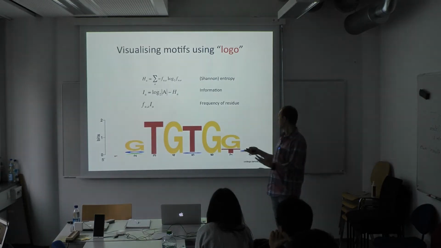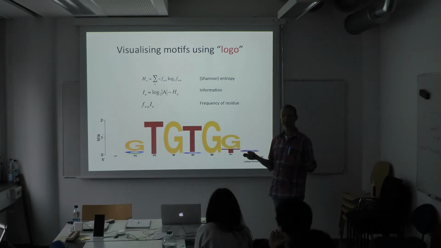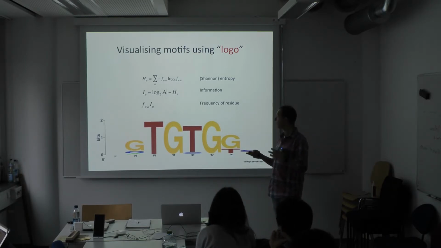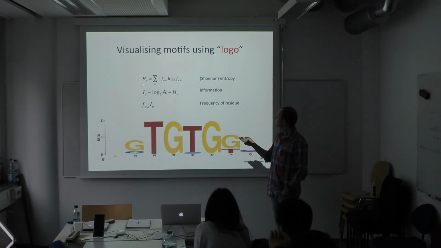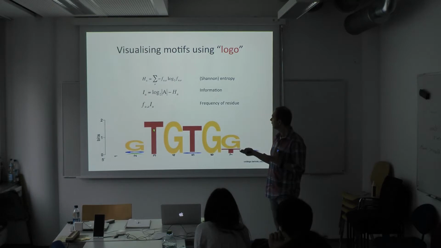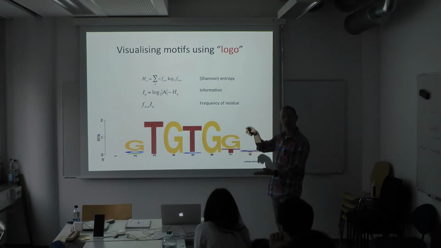Okay, so how do we come up with this thing that illustrates the sequence that we see in that alignment, or in that set of sequences? There are a couple of things involved here. We first look at the height of every position in the sequence.